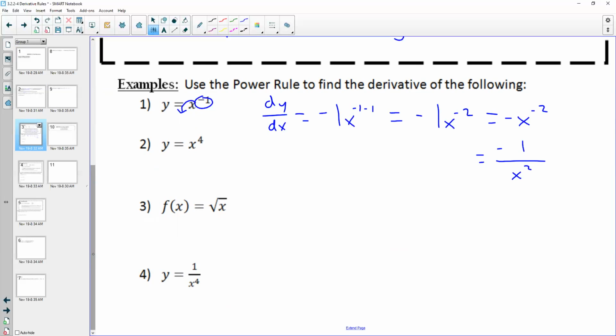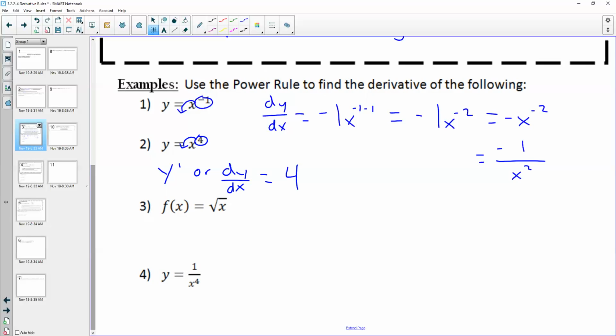So let's continue. We have y is equal to x to the 4. So y prime, or the derivative of y with respect to x. Same thing, we're just going to take that exponent, put it out front, and then subtract 1 from that exponent.